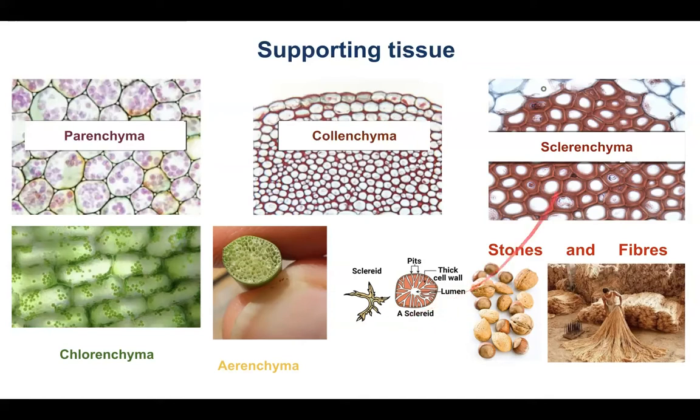Stones and sclereids are the sclerenchyma cells found in the pulp or gritty masses of pear, also the hard shells of walnut, of apricot. All these seeds have their hard shell made up of sclerenchyma cells. The sclerenchyma is dead. Parenchyma and collenchyma are living tissues.